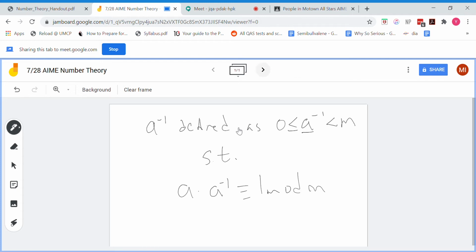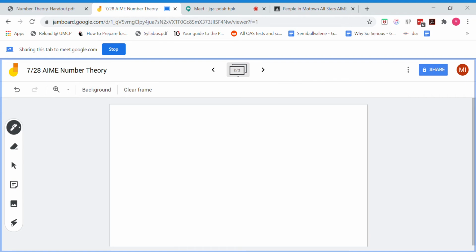And so with the inverse, whenever M is prime, the inverse is guaranteed to exist, and it's unique.